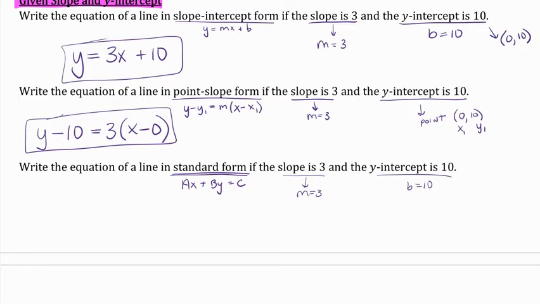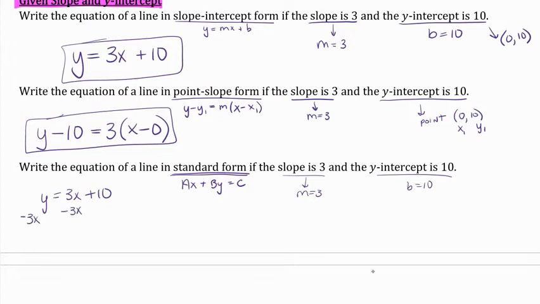However, from a problem earlier with the same information, we started with slope-intercept form. So we know the equation of this line is y equals 3x plus 10. On this problem, you have to start with a different equation, so maybe I start with slope-intercept form and then change it to standard form. To get to standard form, I want to move my x term over to the left side.